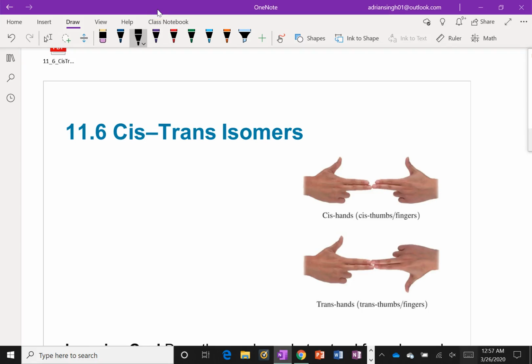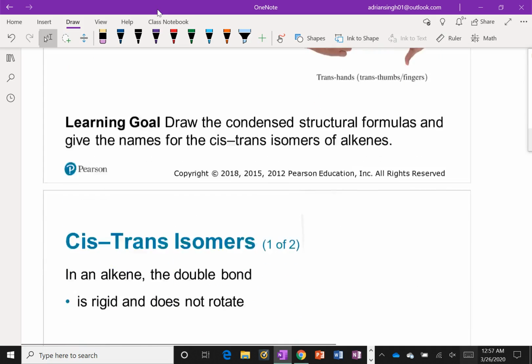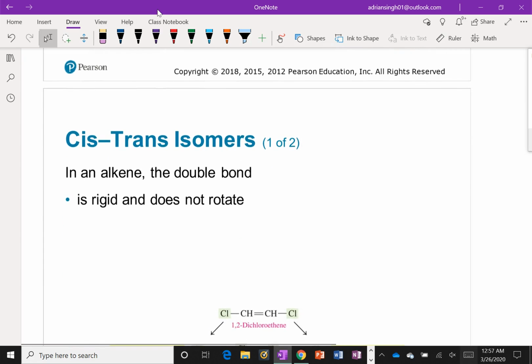All right, we've looked at how we name alkenes. When we encounter double bonds, they actually lead to the possibility of a specific type of phenomenon resulting in your organic compound, and that is the possible existence of a special type of isomerism or isomers known as cis-trans isomers.